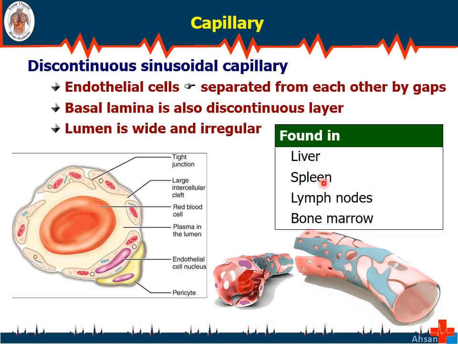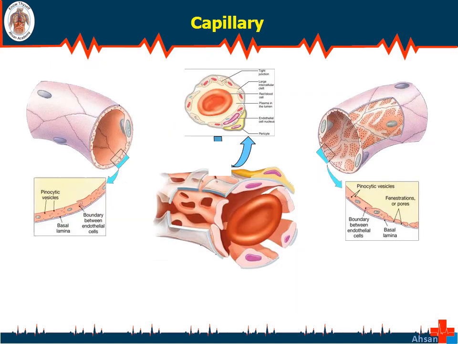The liver, spleen, lymph node, and bone marrow, the lymphoid organs, as well as the liver, contain sinusoidal capillary, or we can say sinusoids, or discontinuous capillary, anything you can say.